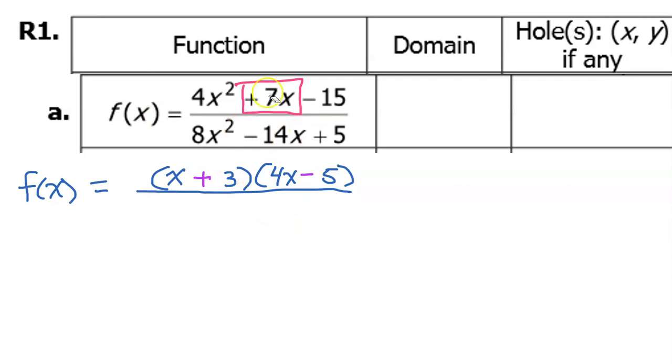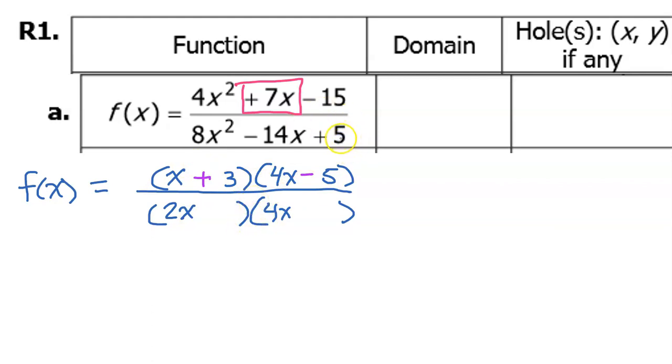Let's do the same thing to the denominator. Okay, 8x squared. This is either going to be x times 8x, or it's going to be 2x times 4x. Especially because I see a 4x in the numerator, I'm going to start off by trying 2x times 4x, because in these problems, a lot of times something will match.